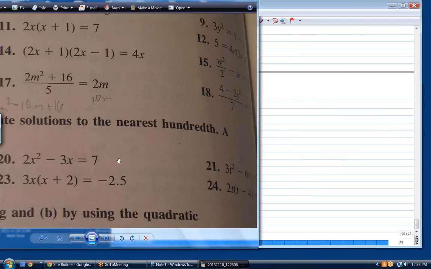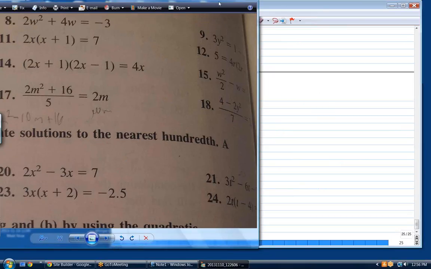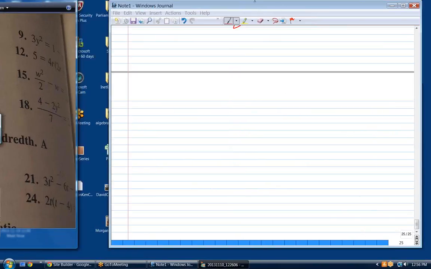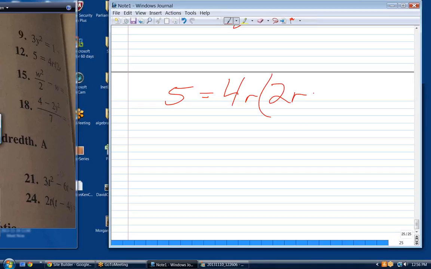All right, let's see. What was that, 11? Yeah. What does 12 say? 12 is 5 equals 4r, and then in parentheses, 2r plus 3. Okay. Next line. 8r squared plus 12r minus 5 equals 0.